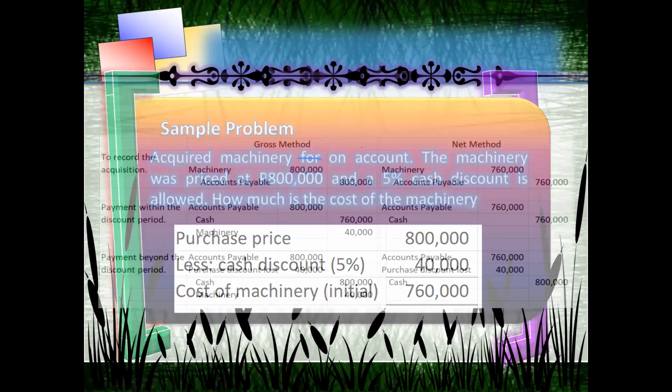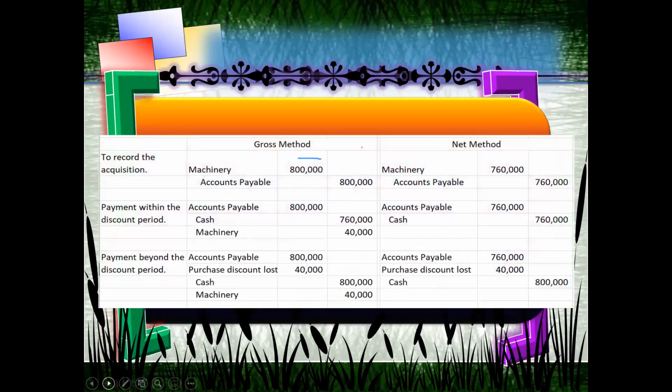Okay, so next is ito yung ating journal entry. So please be reminded also, you can still recall, ito na-discuss na natin na methods of recording purchases doon sa ating topic na inventory.